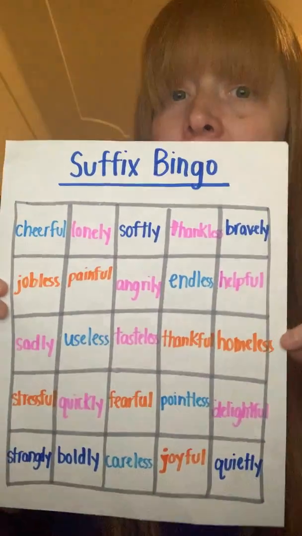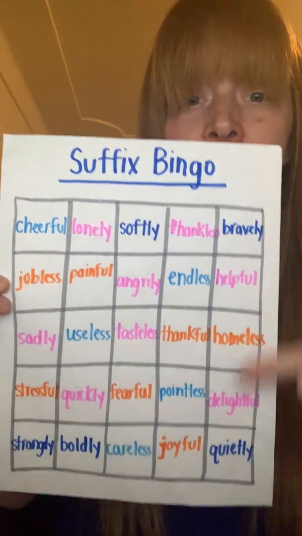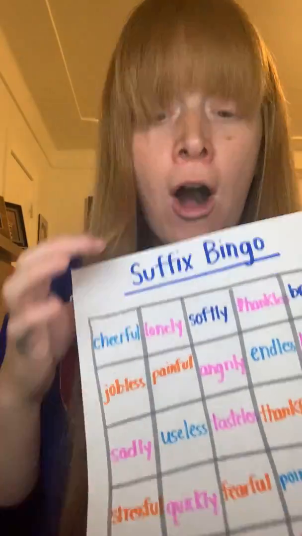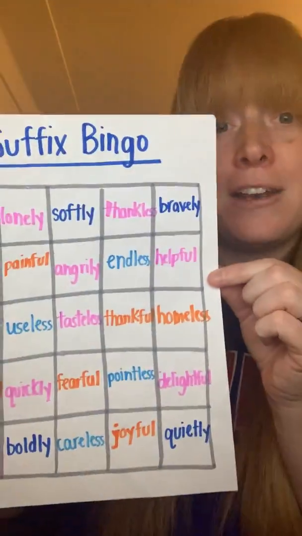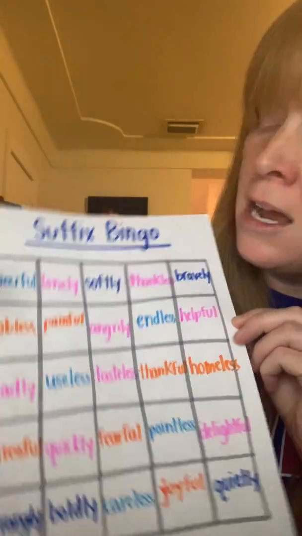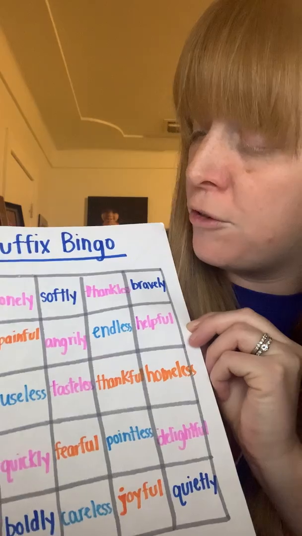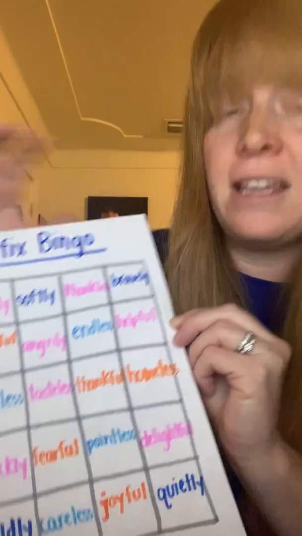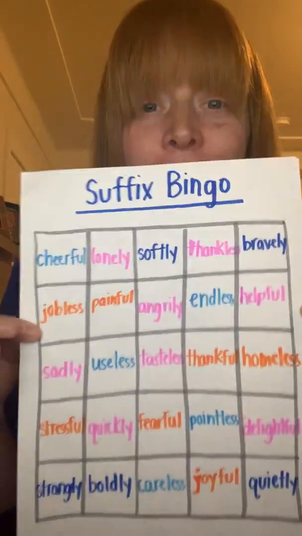Everybody else, we're going to be making a box that's 5 by 5. I'm going to send you, it's already actually uploaded, all of your words that you are going to fill in on your bingo suffix game. So if we look here, your list will have words like cheerful, lonely, softly, thankless, bravely. All of these words are going to be included on your list.